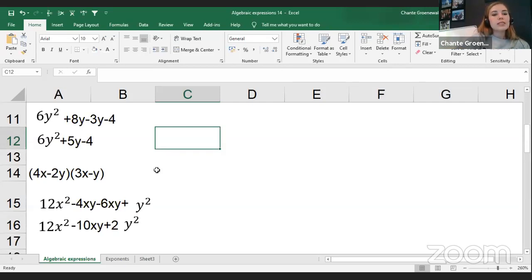So for instance, if we have a y to the power of 2, that is one type of group. Okay, and if I have a y, a 5y, just a single y, not 2y to the power of 2 or y to the power of 3, that's also another group. And then I have my numbers, which is another group.